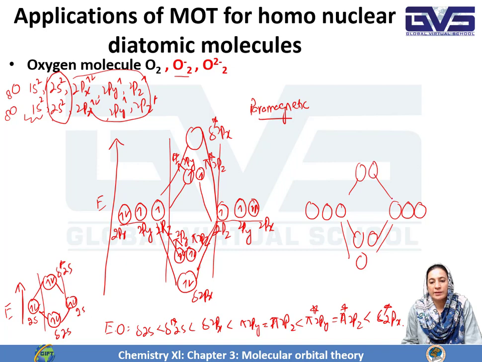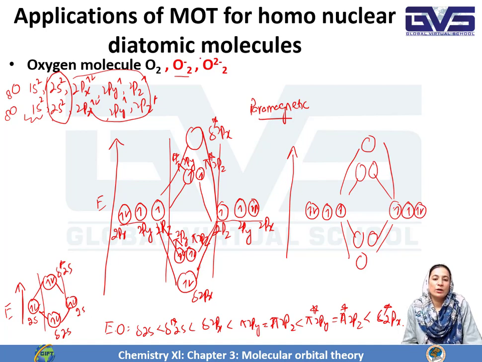I am just explaining the distribution of electrons. This is a normal configuration like that of oxygen, but O2 1 negative means there is 1 more electron. Now filling the electrons, you have a total of 9 electrons: 1, 2, 3, 4, 5, 6, 7, 8 and 9.